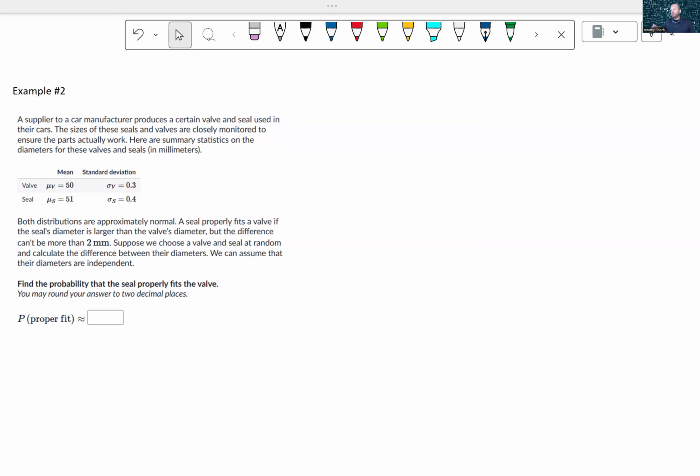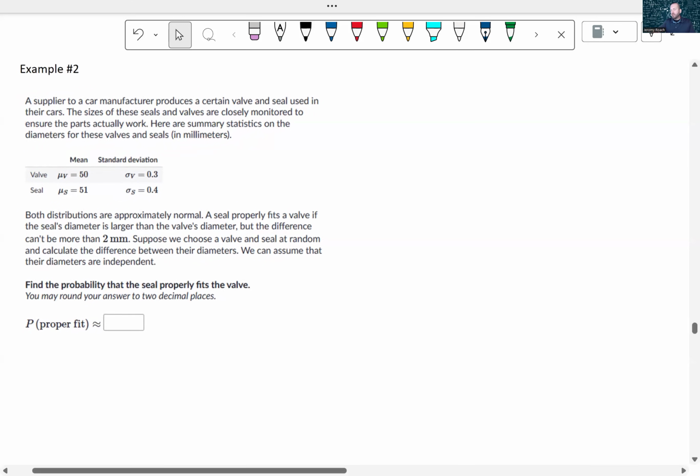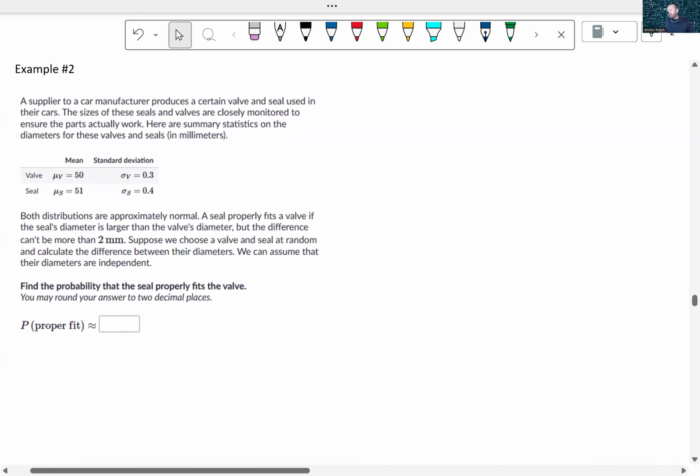So this next question is about a car manufacturer, and they're producing two different items. They're producing valves and seals. And a seal goes onto a valve to ensure that whether it's air or liquid goes through that valve, it doesn't leak. So that's essentially what this problem is about.